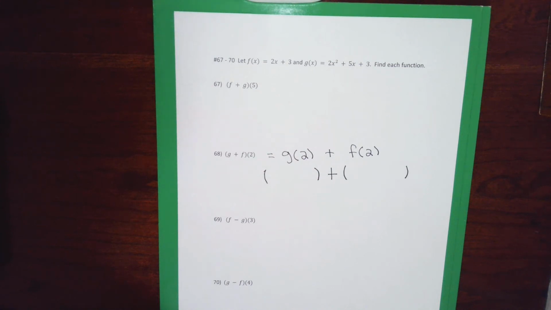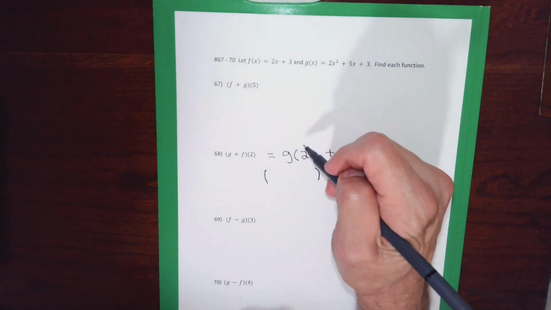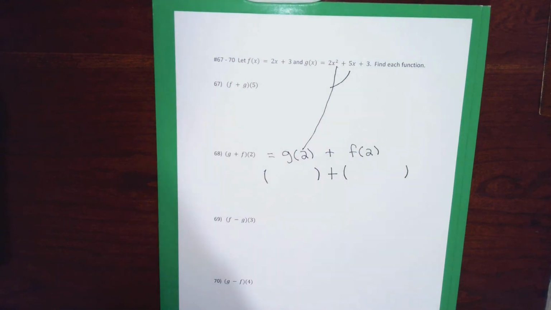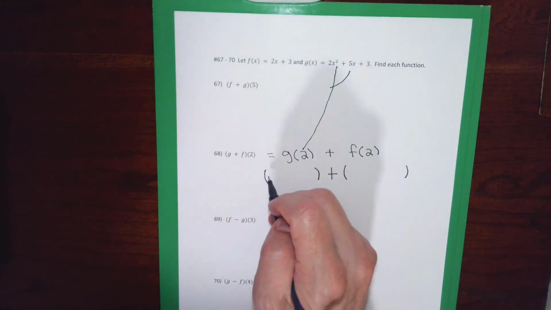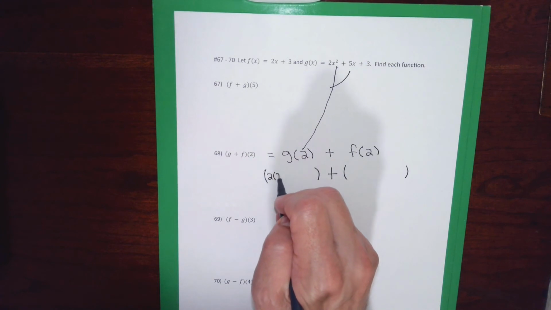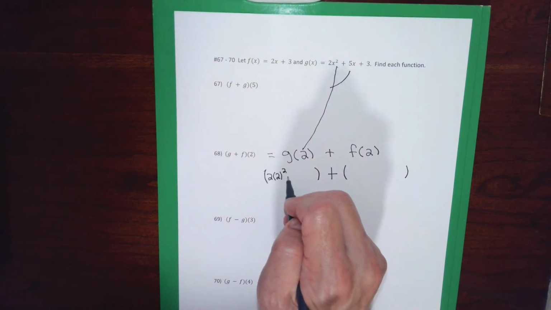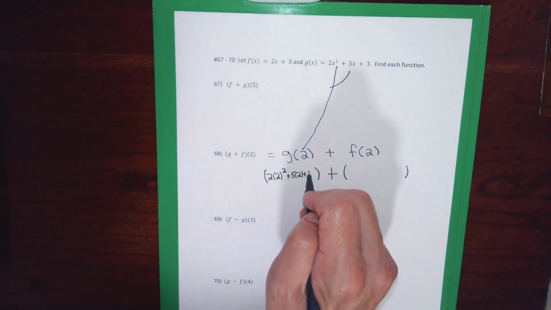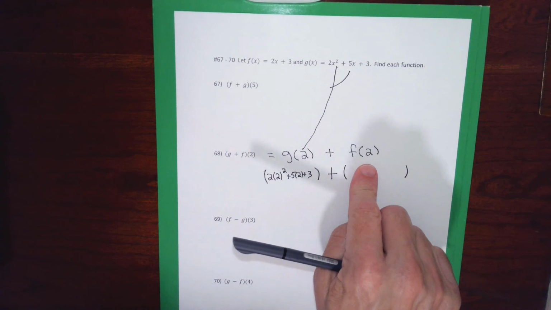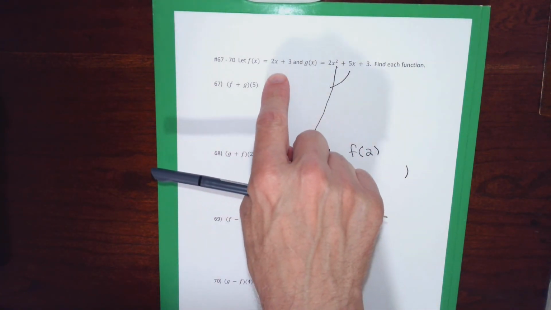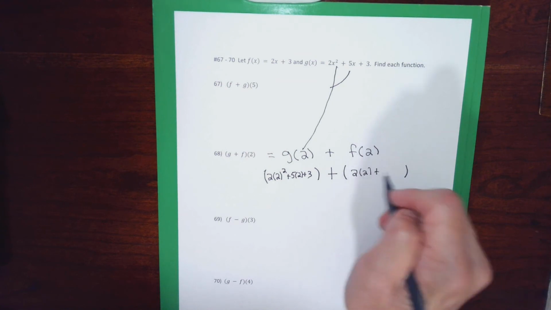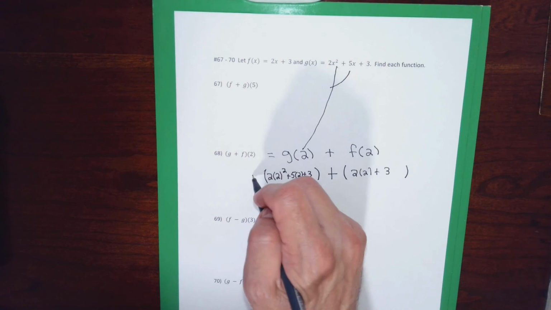I'm going to plug in the function with the variable changed to the number that I'm asked to change it to. So in the first parentheses, instead of writing 2x squared plus 5x plus 3, I'm going to write 2 times 2 squared plus 5 times 2 plus 3. And in the second parentheses, instead of writing 2x plus 3 for the f, I'm going to write 2 times 2 plus 3. So the variables are going to drop out.